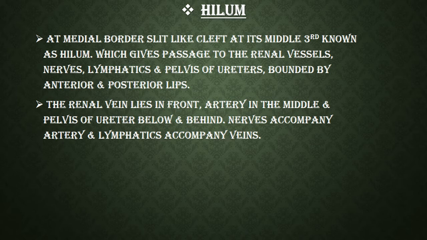The medial border is related to the inferior vena cava on the right side, and with the duodenojejunal flexure, inferior mesenteric vein and the left suprarenal gland on the left side.